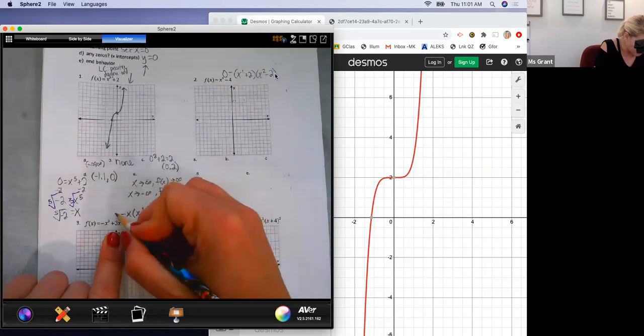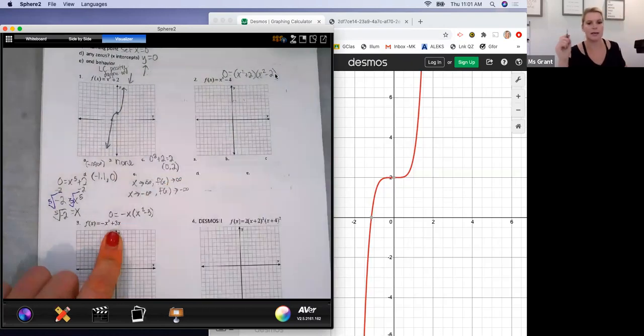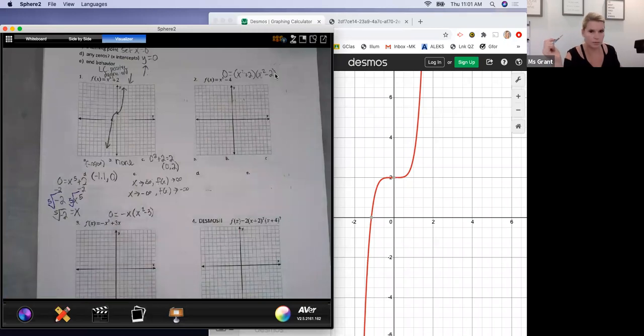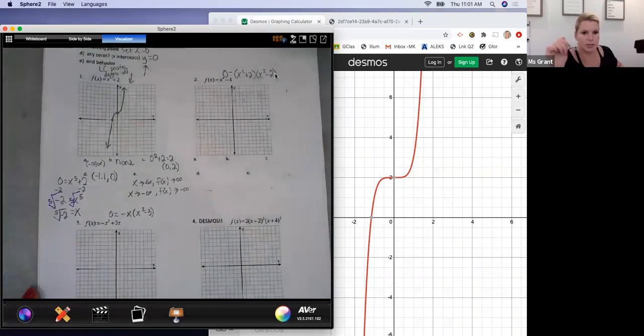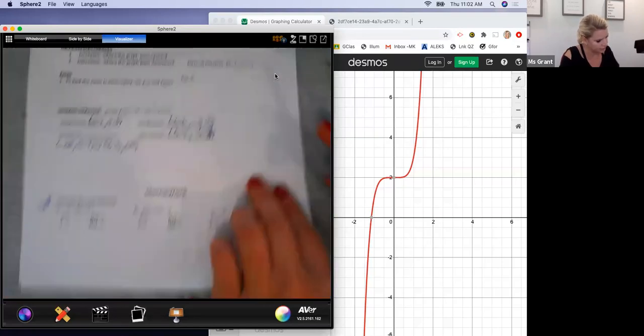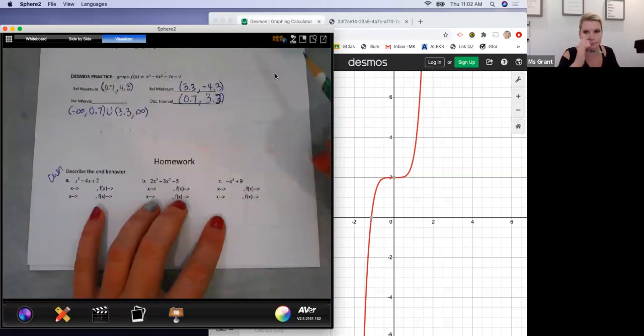So I set those both equal to 0 and I can find my x-intercepts, right? Which is the same as asking D, what are my zeros, x-intercepts. So your job tonight for homework is this 2, 3, and 4, and then the ABC here, remember? That's your task.